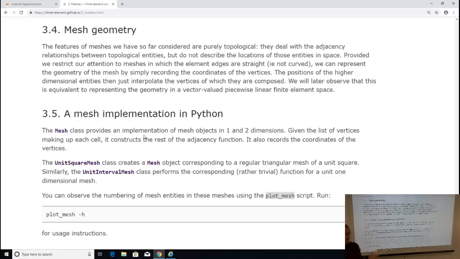And if you want bent elements, all you have to do is say, I am instead going to represent the coordinate field on the mesh as, for example, a quadratic space. And now, instead of just having the coordinates at all the vertices, I need the coordinates along all the edges, because that tells the edge how to bend. And that all falls out. And we're going to use that later, because when we do the change of coordinates from the physical space back to the reference element, we will use the finite element basis functions to compute what that change of coordinates is.